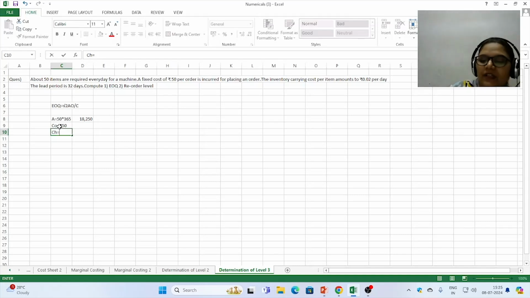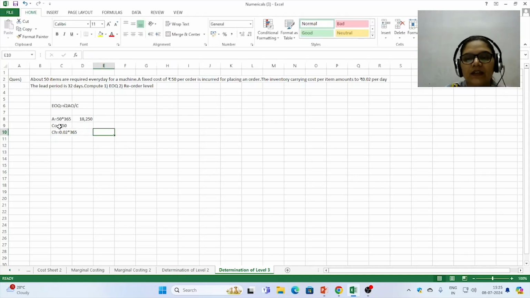So it is given per day, but we usually calculate everything on a per year basis. So we will multiply this figure by 365 days so that we get a figure per year. It will be 7.30.